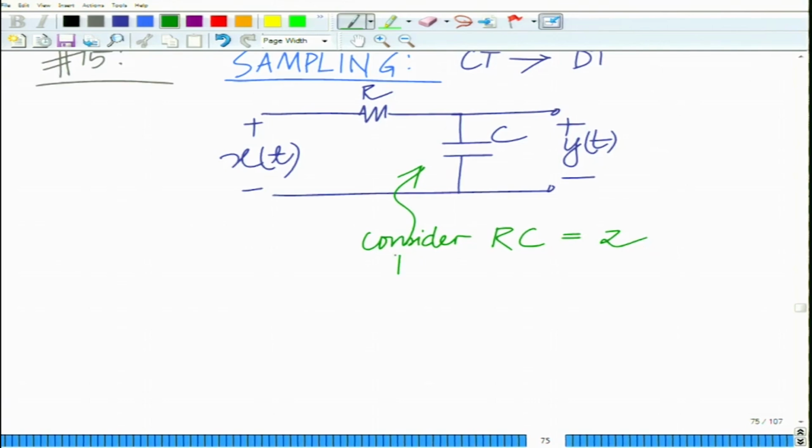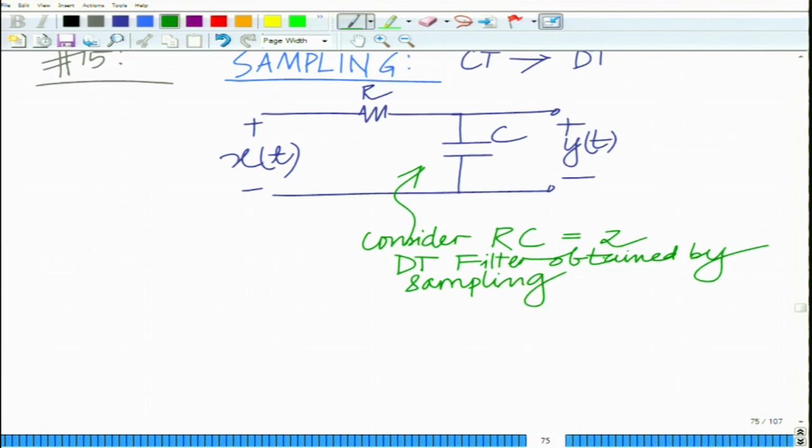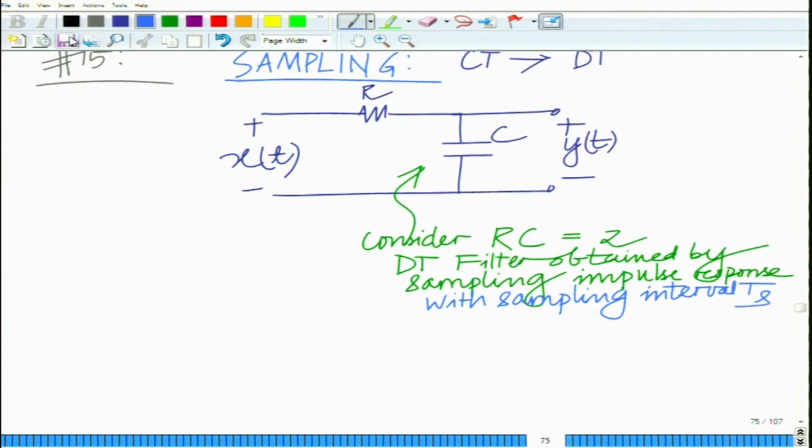What is the discrete time filter obtained by sampling the above continuous time impulse response with sampling interval? So, this is an interesting problem. First, you can try to spend some time appreciating it.